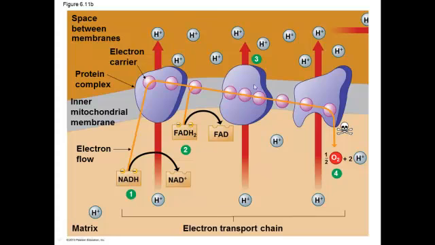That happens three different times, creating a gradient where there is a much higher concentration of protons out here than within the matrix. That creates almost like a pressure or a strong push by the H+ protons to try and get back to the other side where there's a lower concentration.